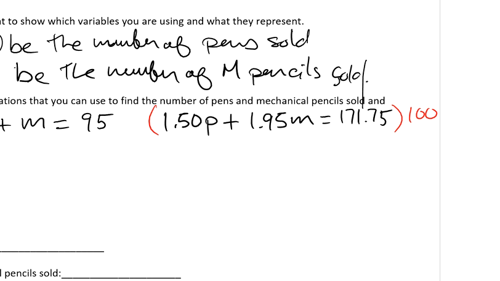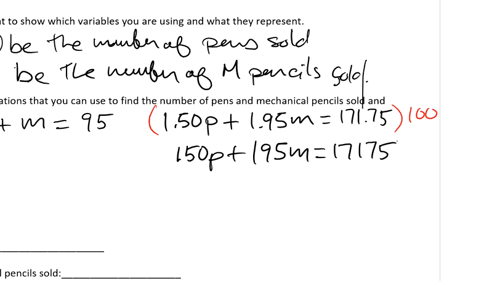And that just moves the decimal point two places to the right. So instead of 1.50p, this is going to become 150p plus 195m equals 17,175. So is that any better? I don't know. They're larger numbers, but there's no decimals, so you choose.